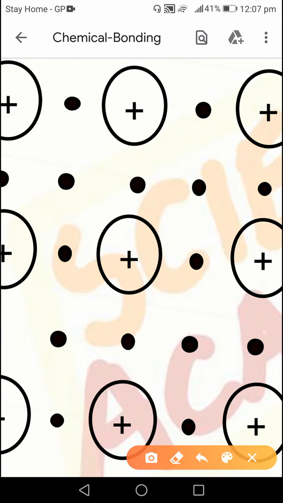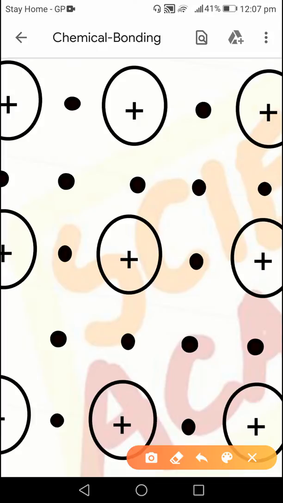This electron has a negative charge, and this is a positive metal ion, so there will be a positive-negative attraction, which we call the electrostatic force of attraction.